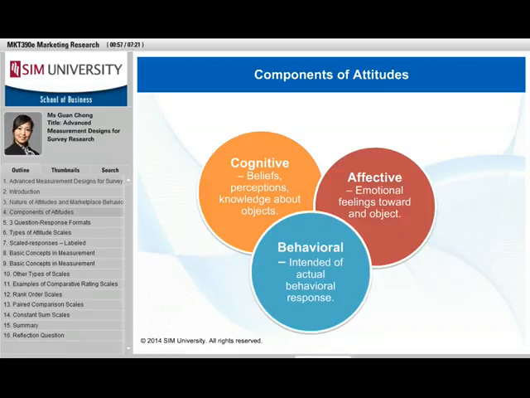The cognitive component of attitudes refers to the beliefs, perceptions, and knowledge about objects. The affective component refers to the emotional feelings towards the object. And the behavioral component refers to the intended or actual behavioral responses towards the object.